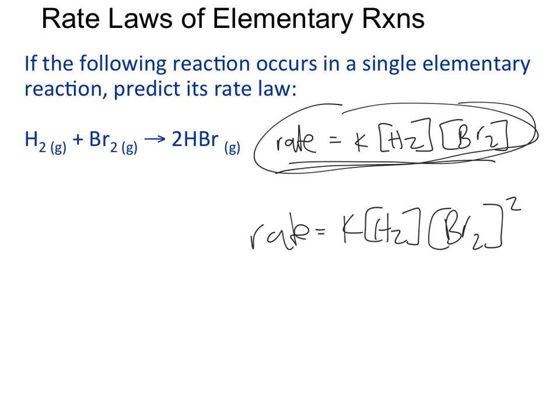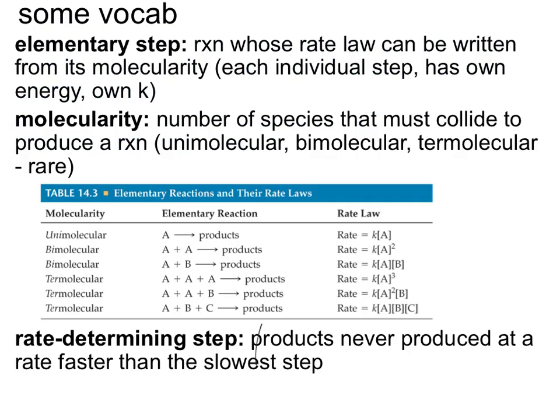So make sure that you are differentiating once again between the overall reaction and the individual elementary steps. And obviously whatever rate law you write has to actually be supported experimentally. So, some vocab: the elementary step or elementary reaction is a reaction whose rate law can be written from its own molecularity.